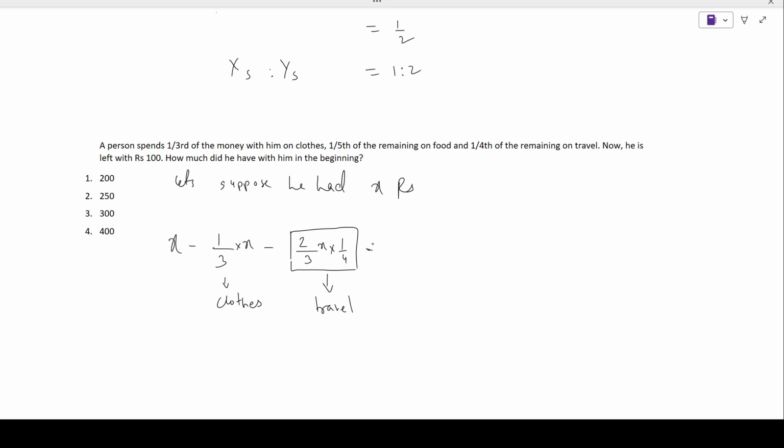The remaining is 2 by 3 to 3 by 4. Out of this, 1 by 5th on food and 1 by 4th on travel. After this, he does not spend anything. So that is given as he is left with 100 rupees.